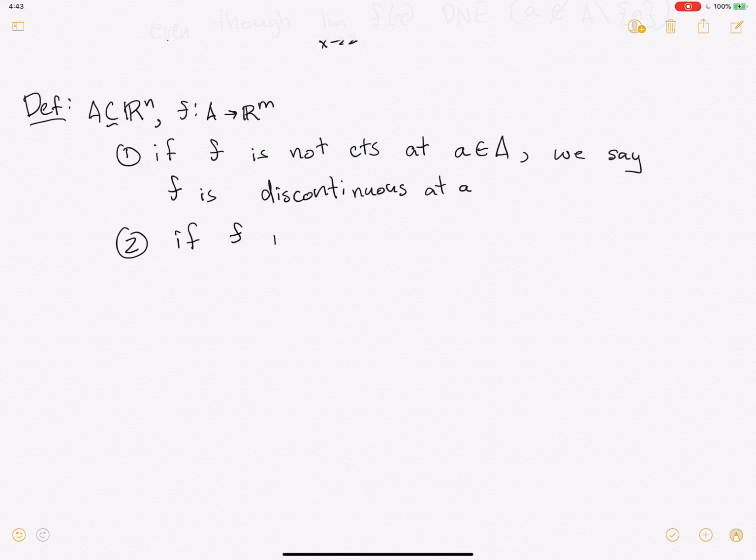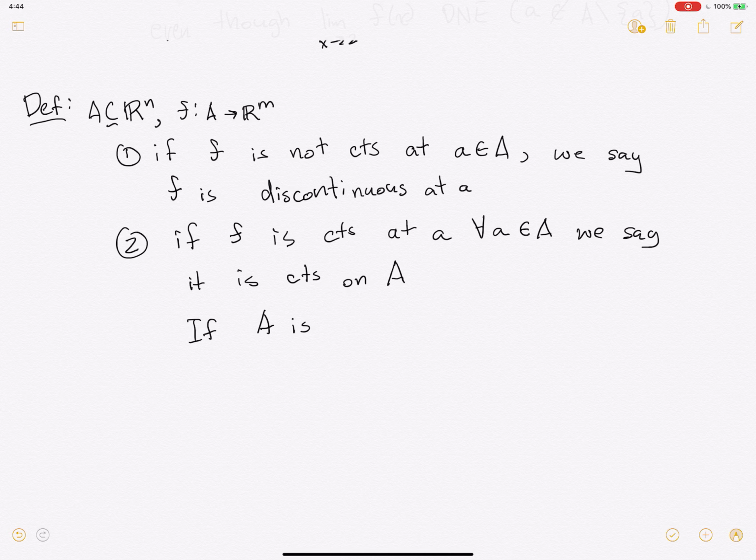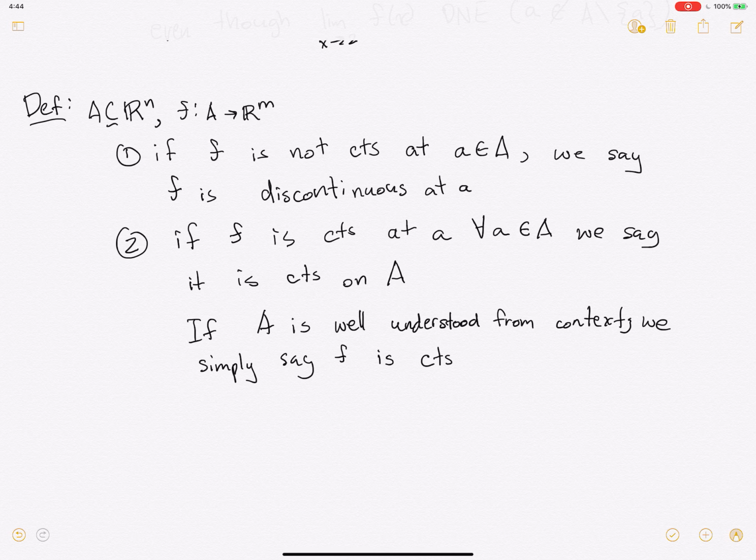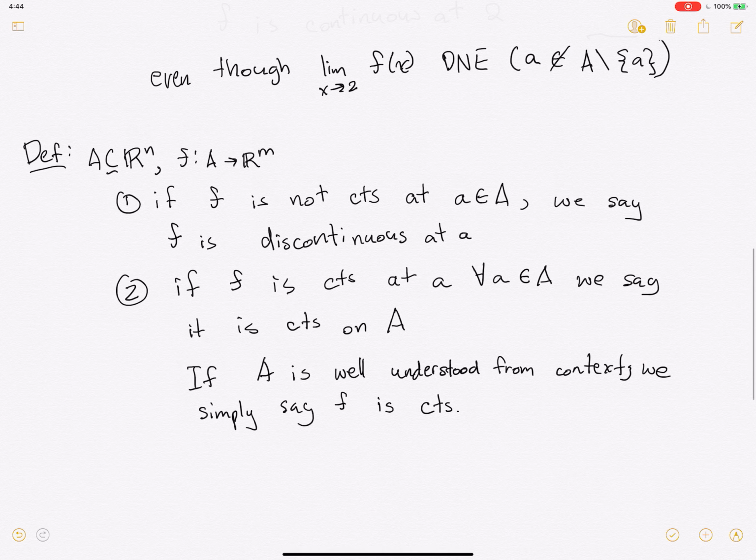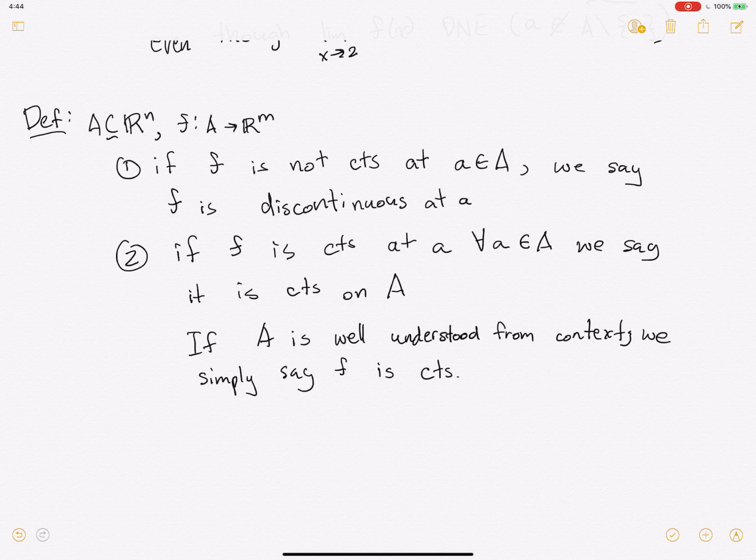If f is continuous at a for all points a in the subset A, we say it is continuous on the set A. If A is well understood from the context, then we simply say that f is continuous. So the definition above is pointwise continuity, and here we have pointwise discontinuity, and continuity over an entire domain.